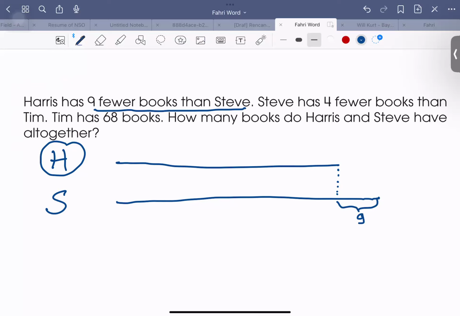Then Steve has 4 fewer books than Tim. So does Tim have a longer or shorter line? Longer, of course. And the difference between Tim and Steve is 4.